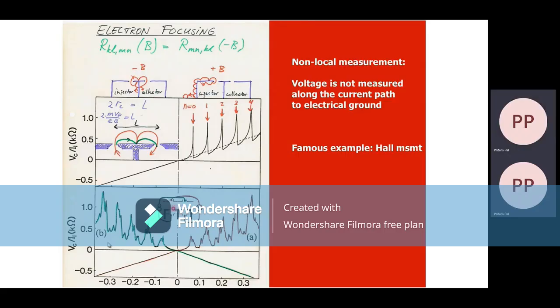In other words, it is a geometry in which the path of the current does not correspond to the path along which the voltage is measured. The famous example of this is a Hall effect measurement. In this non-local measurement geometry, we can observe a very interesting effect called electron focusing, which I mentioned, which occurs when a magnetic field is applied perpendicular to the plane of the drawing, to the sample.